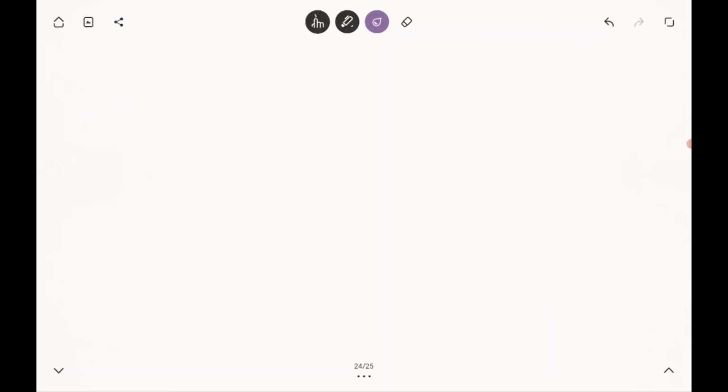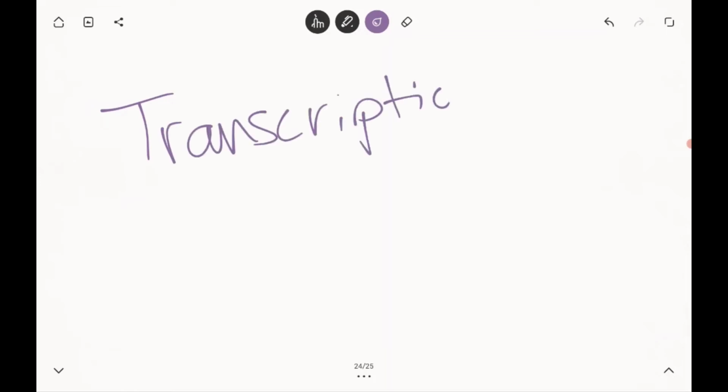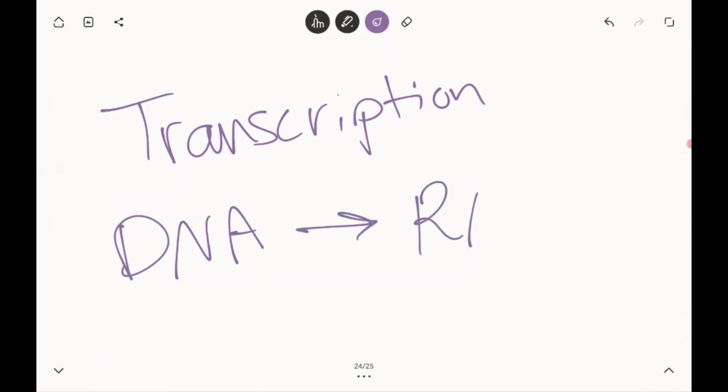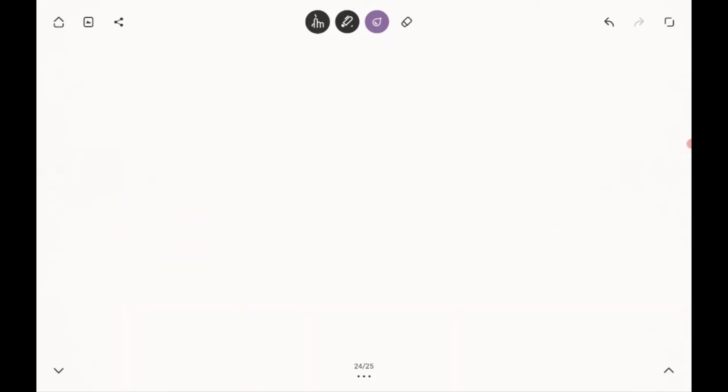Sound good? Let's practice this process of transcription. So remember, in transcription, we're making a copy of DNA in the form of RNA. Okay, so I'll do DNA here in purple.